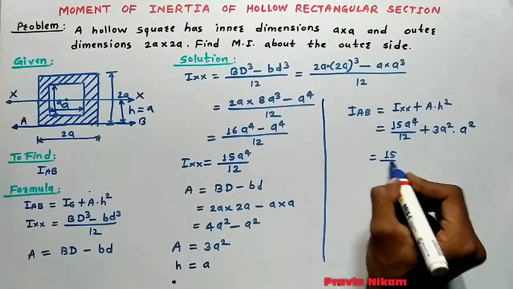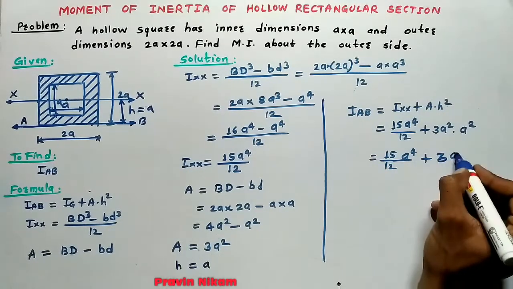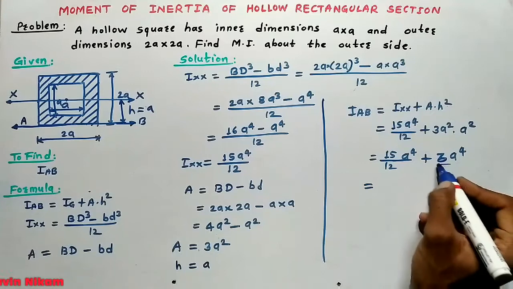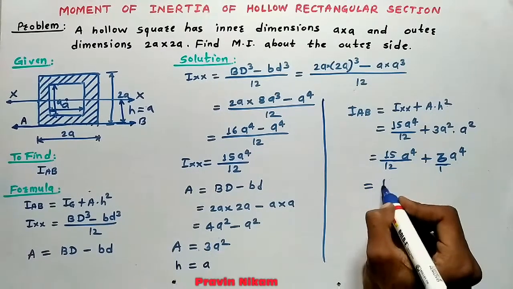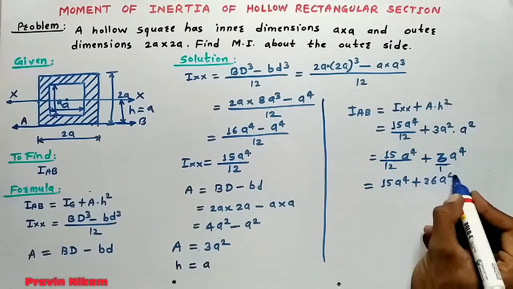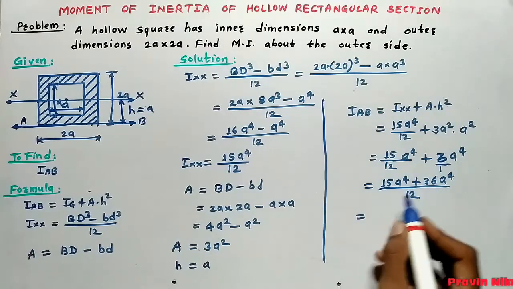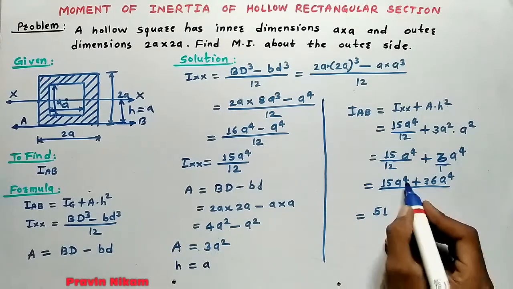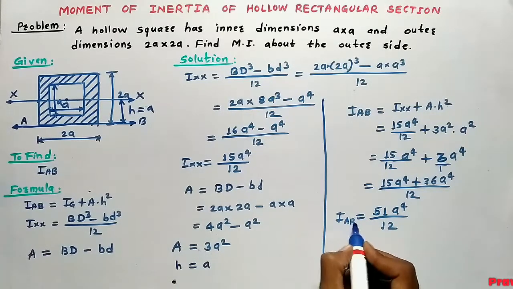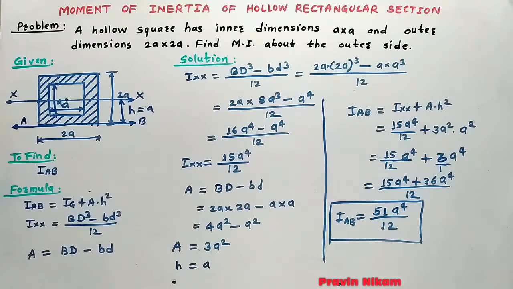So that is 15 by 12 a raised to 4 plus 3a raised to 4. Find the LCM: 15a raised to 4 plus 12 into 3, 36a raised to 4, divided by 12. So that is 15 plus 36, 51a raised to 4 divided by 12. So this is IAB, and this is our answer.